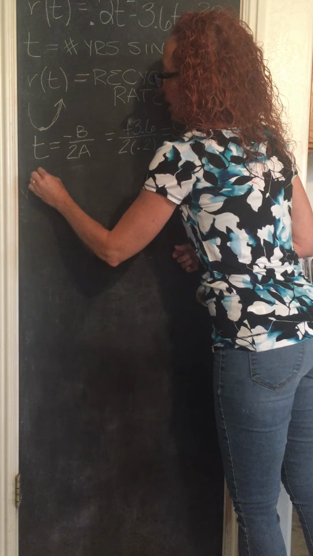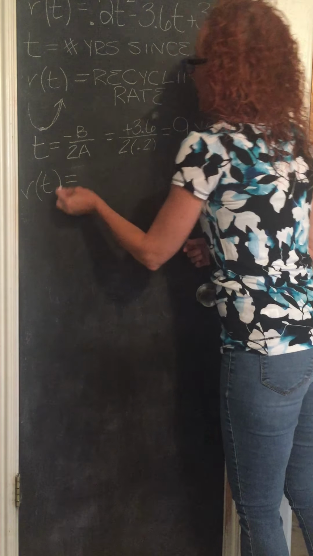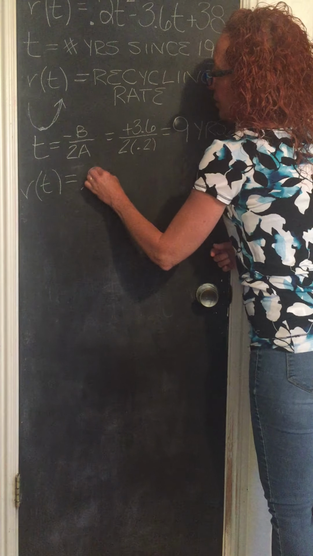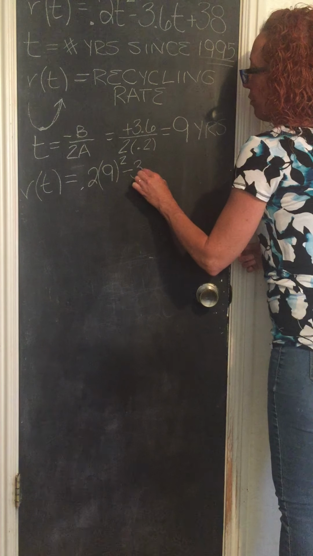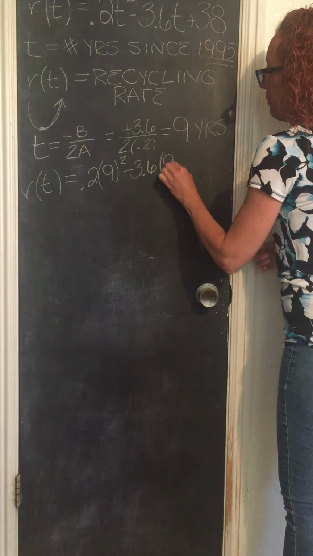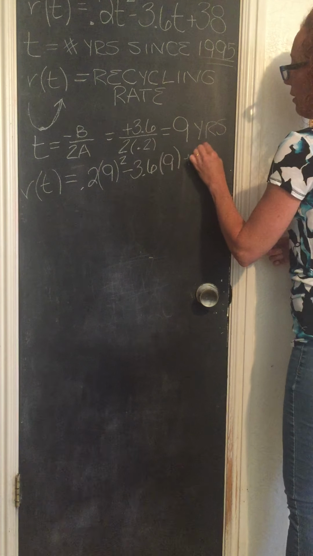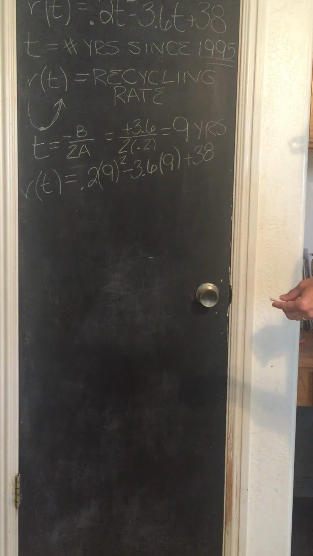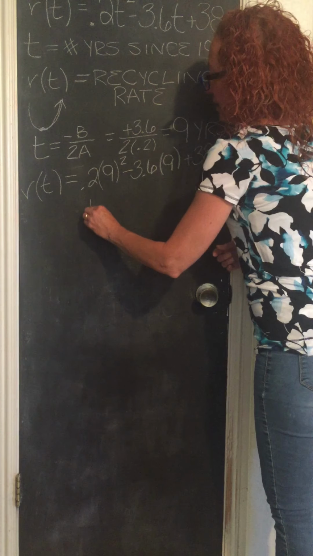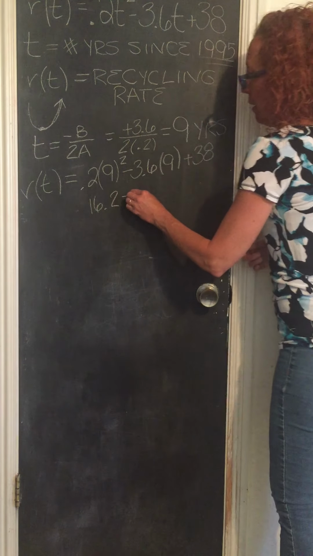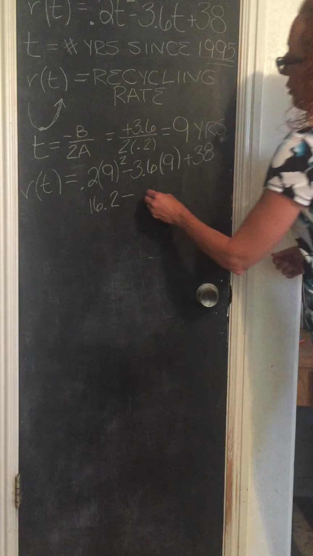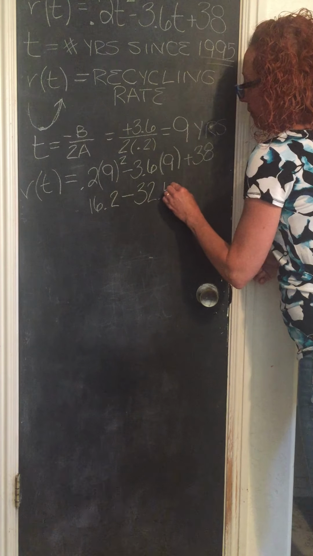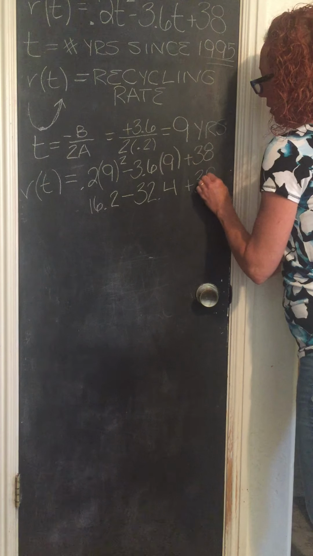And so when I plug 9 in for R of t, 0.2 times 9 squared minus 3.6 times 9 plus 38. 9 times 9 is 81, so this is 16.2 minus 32.4 plus 38.